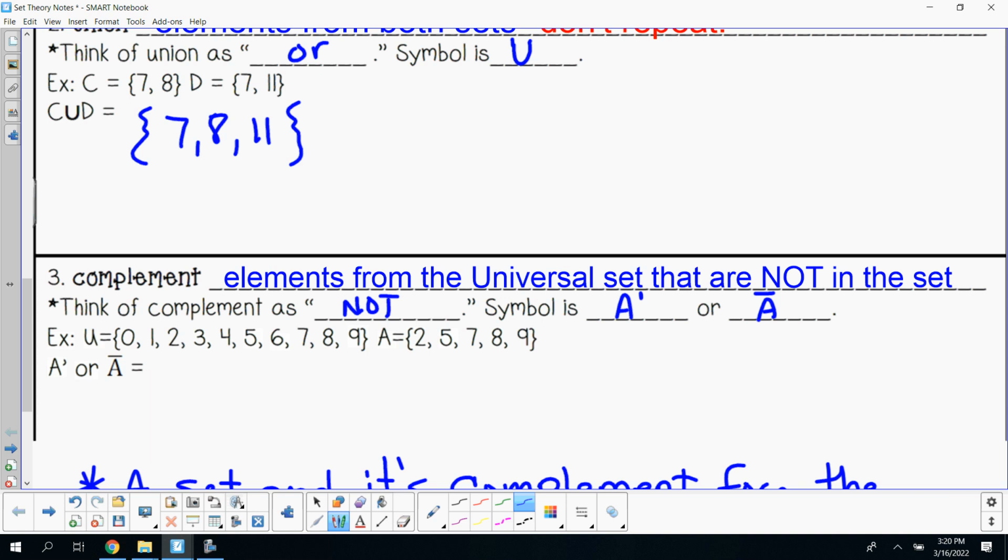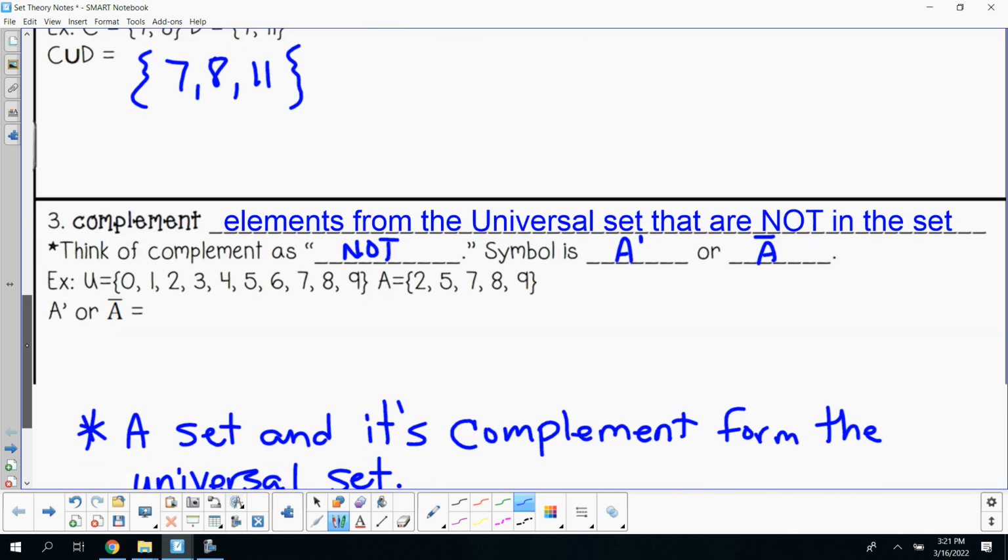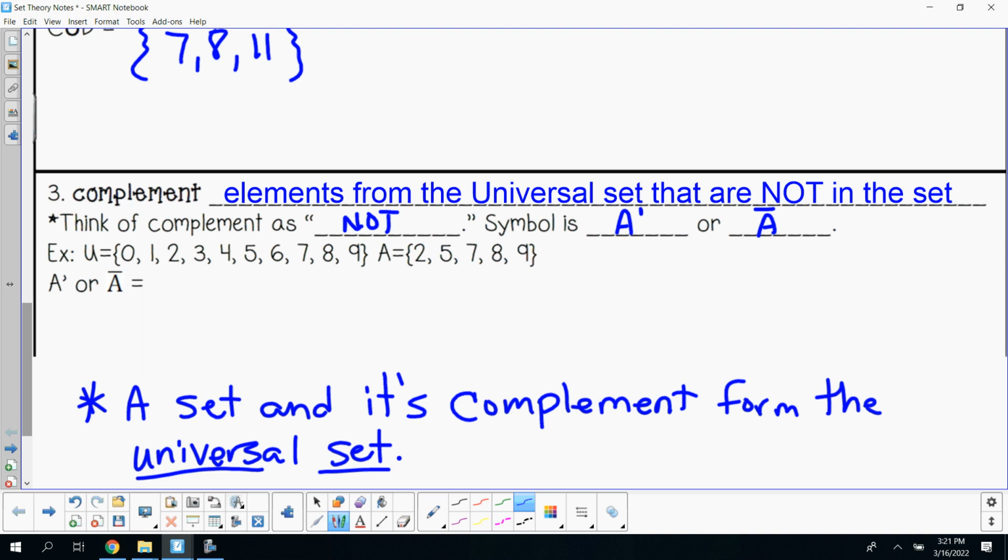So if we talk about, again, our universal set of digits, 0 to 9, and our subset of digits, 2, 5, 7, 8, and 9, our complement, or our elements that are not represented in our subset, would be the numbers 0, 1, 3, 4, and 6. So keep in mind, a set and its complement should form the universal set.